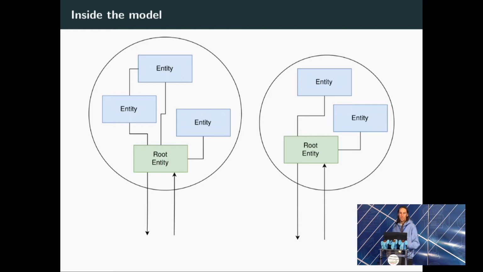Okay, so all of your business rules sit in there, and the root entity is responsible for maintaining that consistency. If you think about it in more database terms, that boundary represents a transaction boundary. Okay, so if you want to maintain something in a consistent state, you do it inside a transaction. Those boundaries are transaction boundaries.